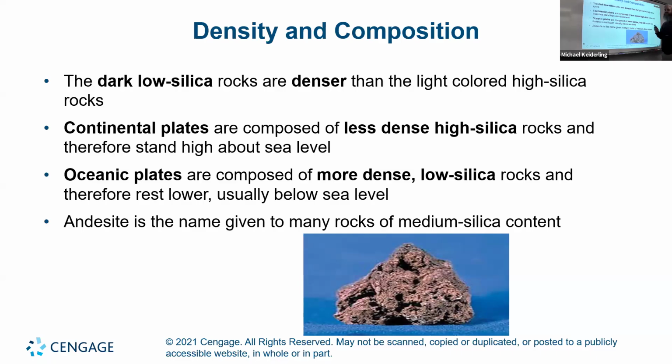The continental plates are primarily composed of the less dense high silica rocks. Therefore, they stand high above sea level. And oceanic plates are composed of more dense low silica rocks, therefore rest lower, usually below sea level. And andesite is the name given to many rocks of medium silica content.